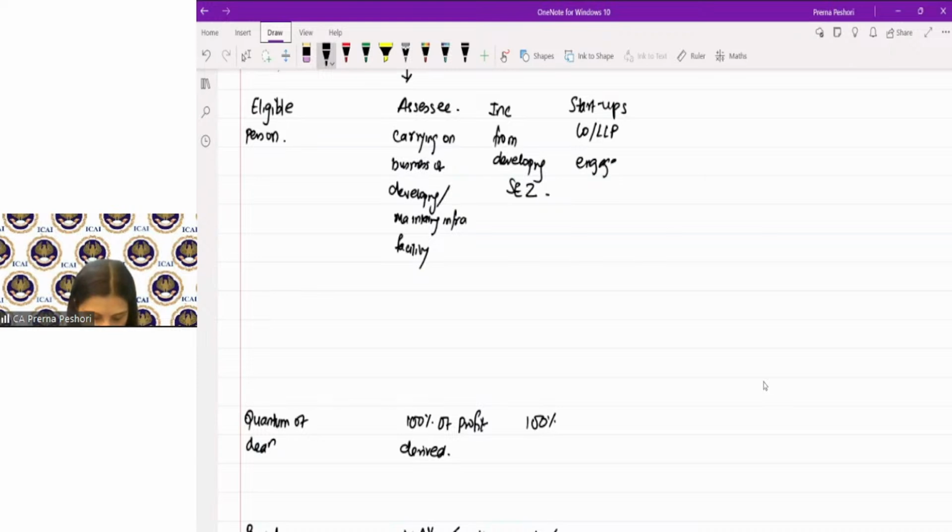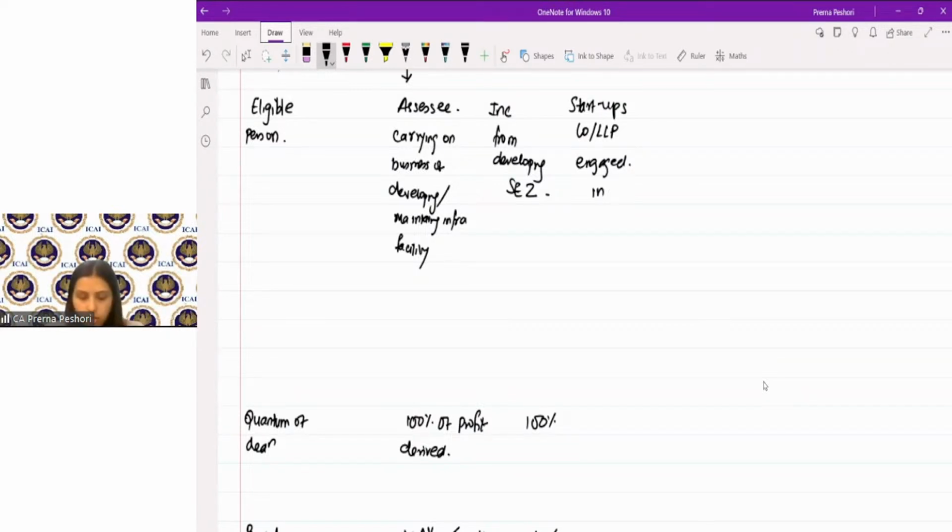Engaged in the business of innovation or scalability, right? Engaged in the business of innovation or the employment scalability model. Okay.